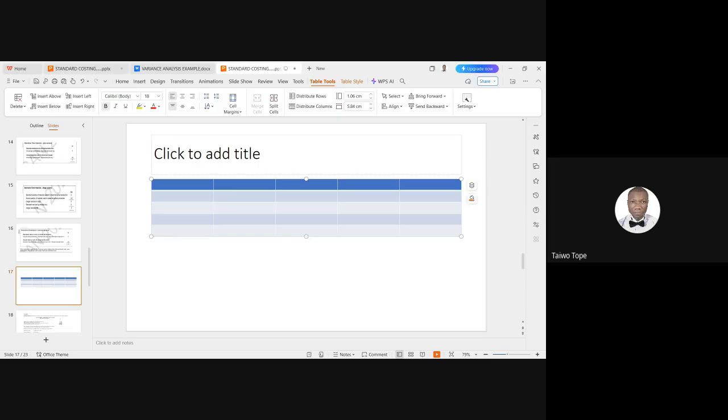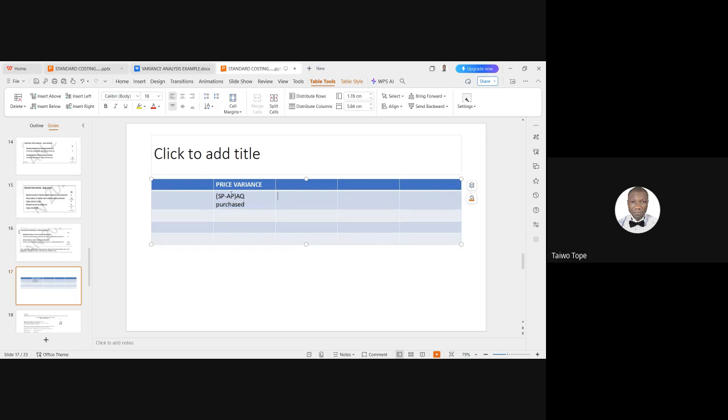So we have our price variance; let me rewrite it. Hope you can see my screen, please. Price variance is standard price less actual price multiplied by actual quantity purchased.